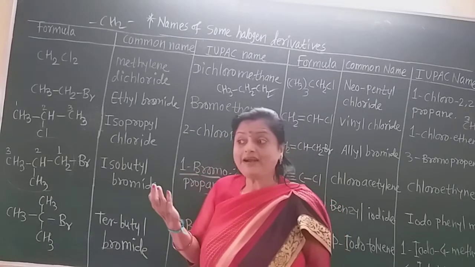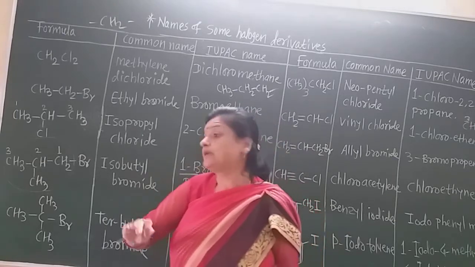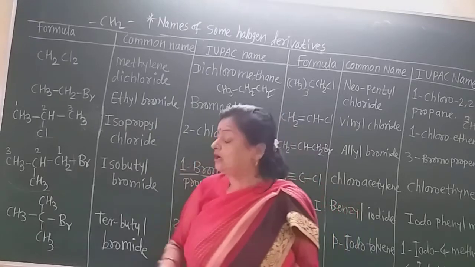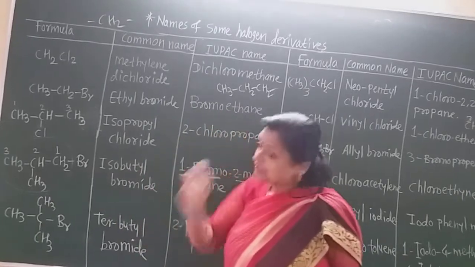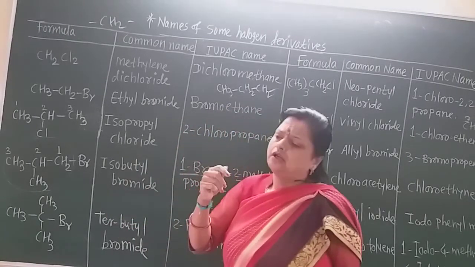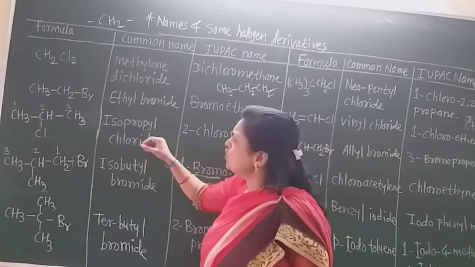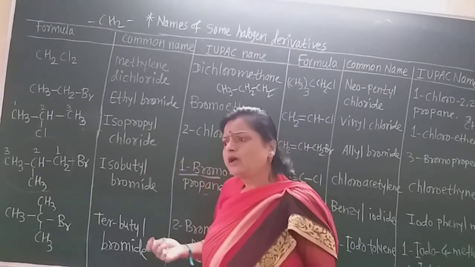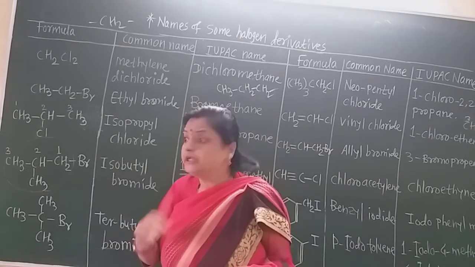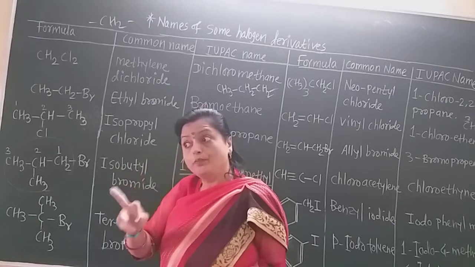Do you remember in the previous standard we learned the difference between iso and secondary? There is a chart in the notebook and I told you at that time you must remember the difference between iso and secondary. You may ask me, madam, in propyl the iso and secondary groupings are the same, but why in butyl are the iso and secondary groupings different? Yes, in butyl iso and secondary groupings are different.